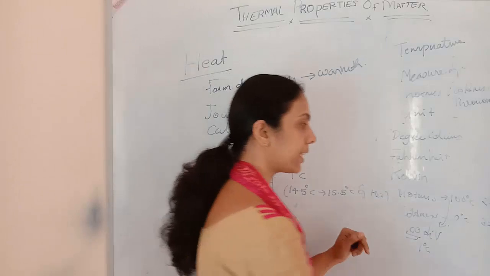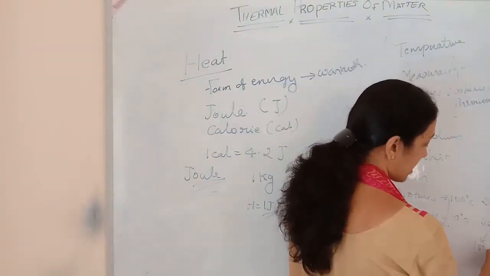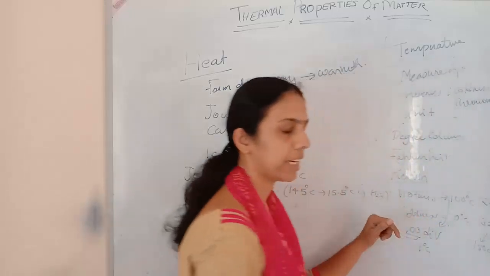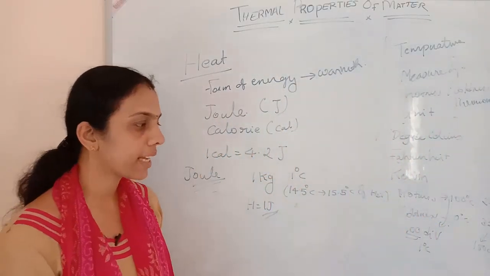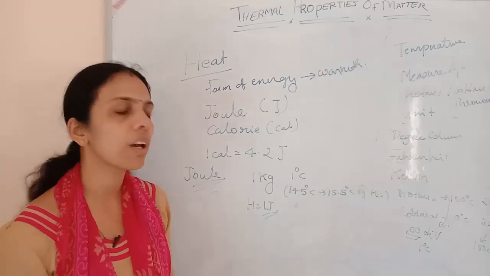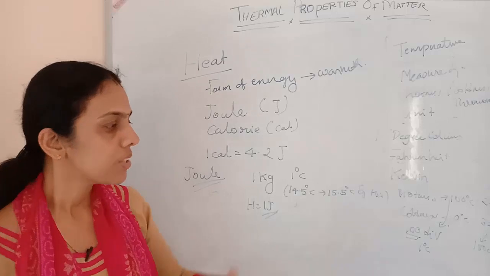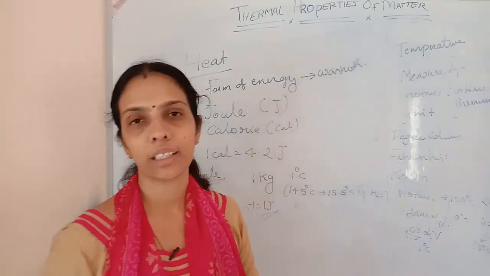But in the Fahrenheit scale, there will be 180 divisions, each equally divided, from 32 degrees Fahrenheit to 212 degrees Fahrenheit.